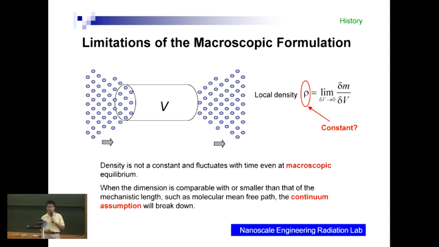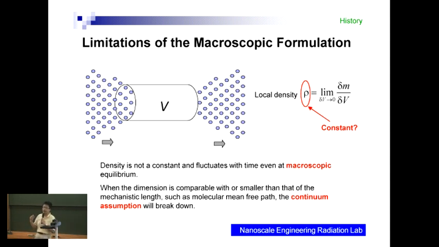How do we define density? You define a volume, or circle a volume, and you measure the weight, or at least some mass. Divided by the volume, you get density.